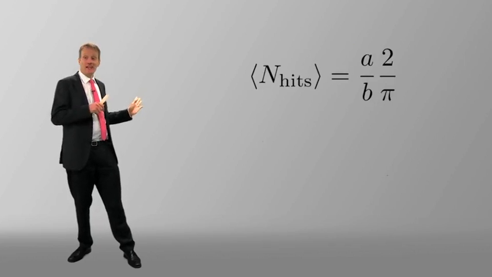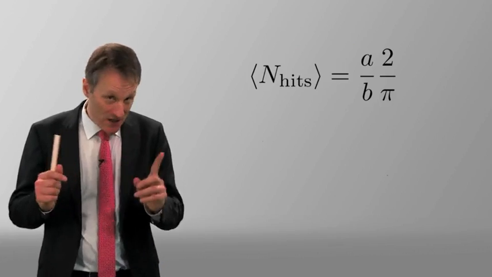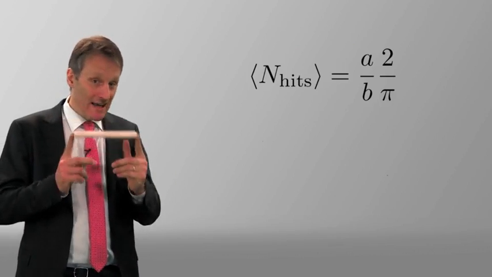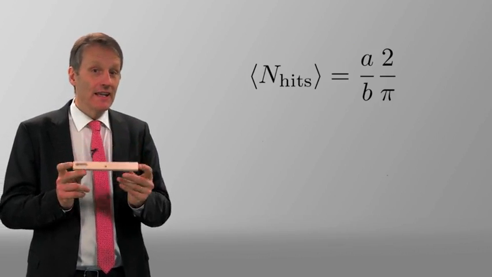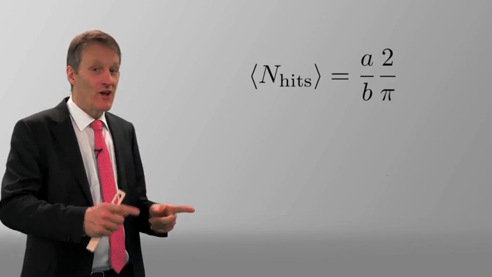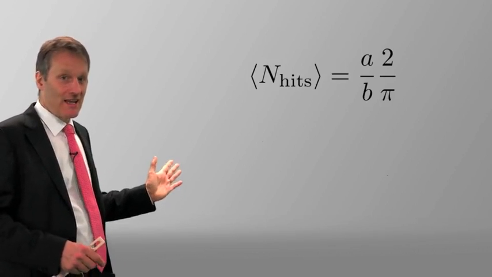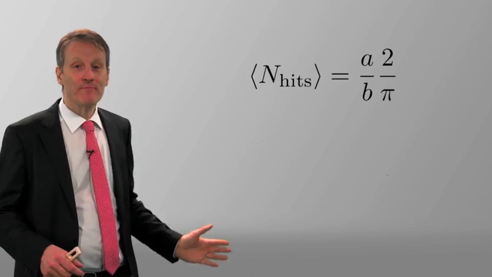So we end up with the result that the expected number of hits is a over b times 2 over pi. So in the special case when the length of the needle a is equal to the distance between the floorboards, we find that the number of hits is equal to 2 over pi.